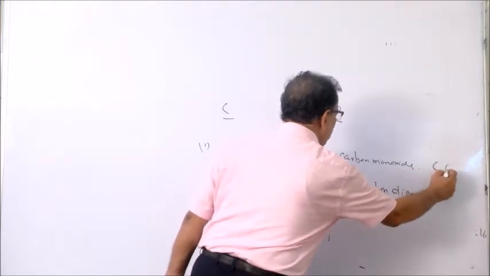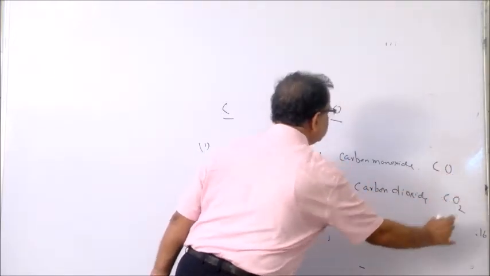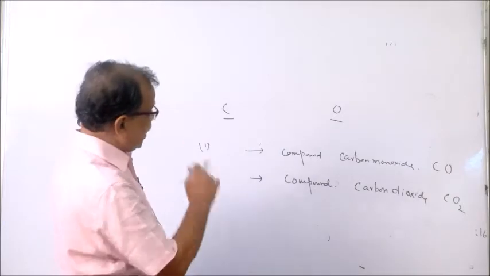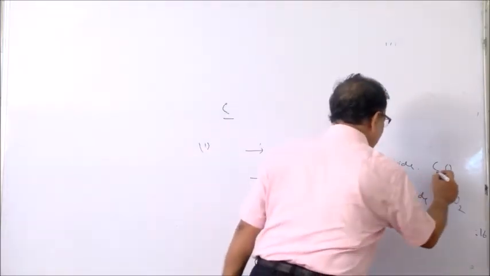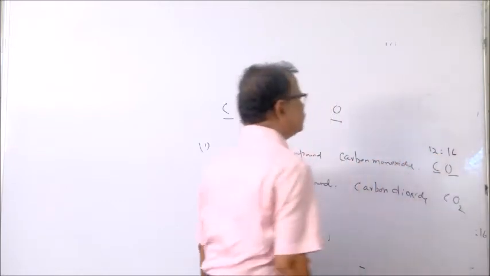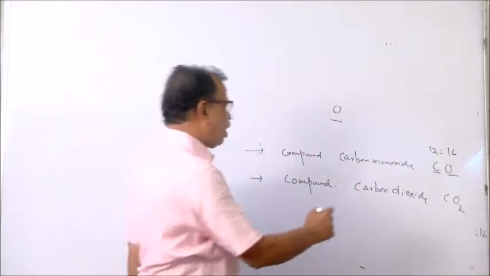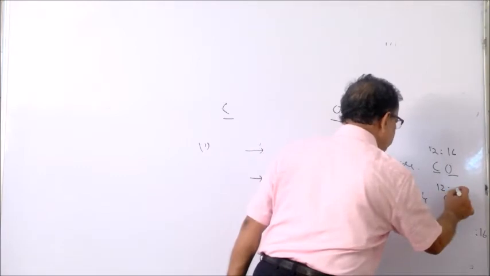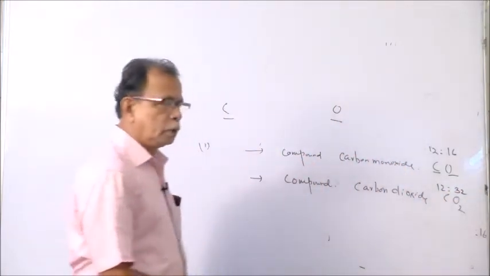It is CO, it is CO2. Carbon has mass 12, oxygen 16. So 12 parts is to 16 in CO, and 12 parts is to 32 in CO2.